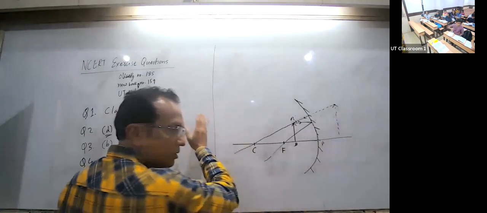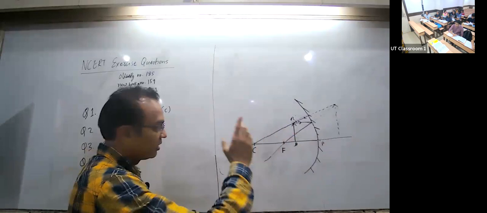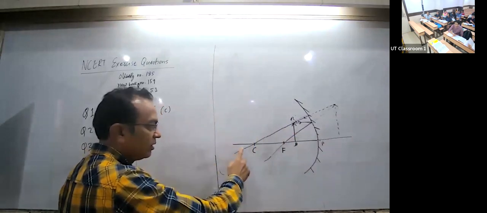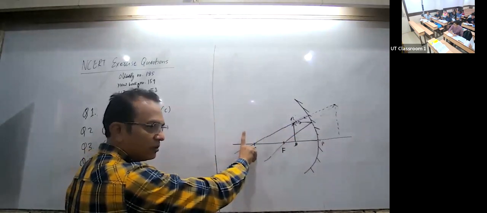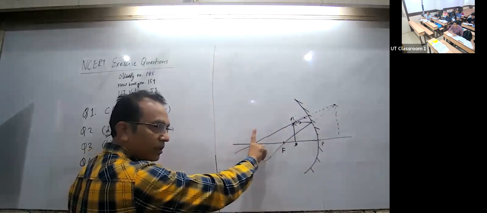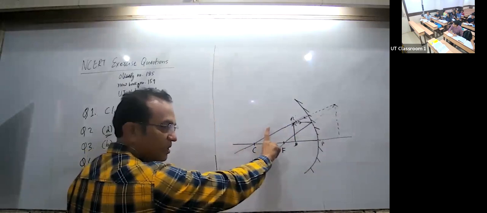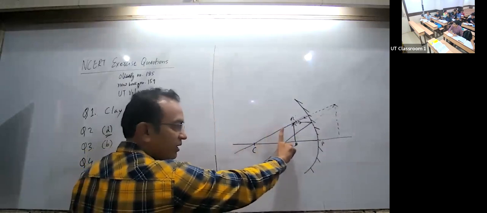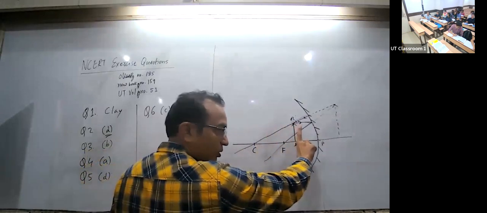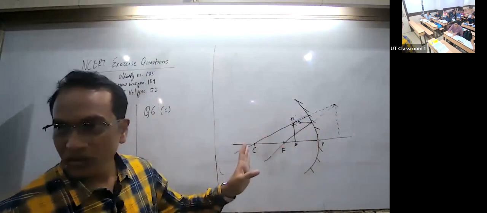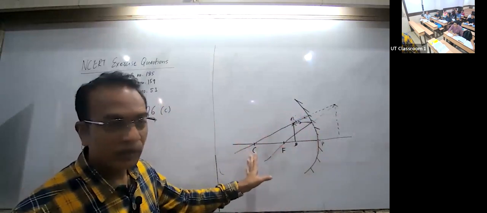Object at infinity, beyond C, then at C, then between C and F, then at F, between F and pole. These are the 6 object positions for concave mirror, right?